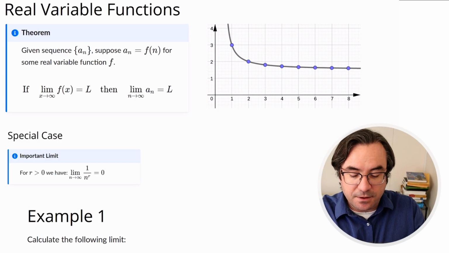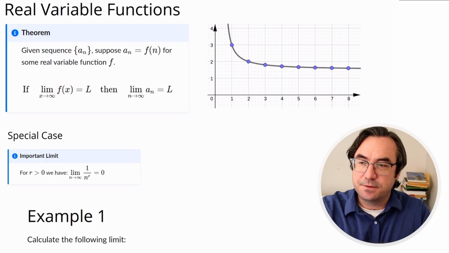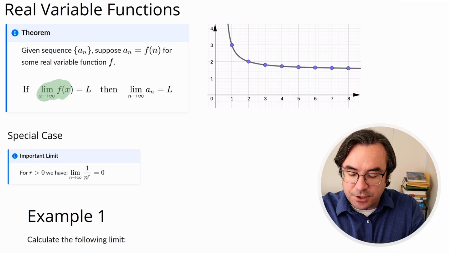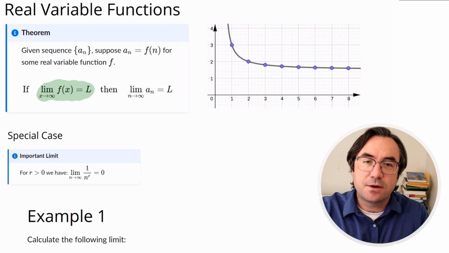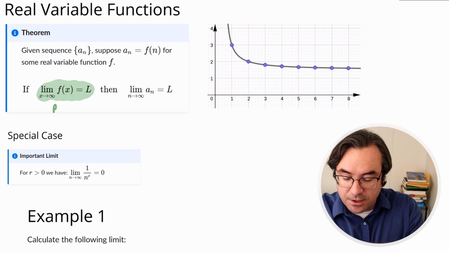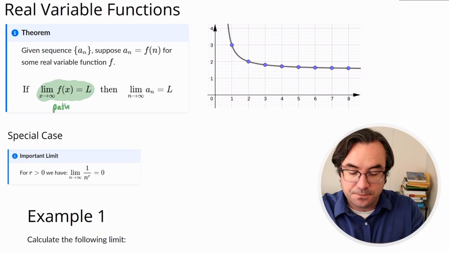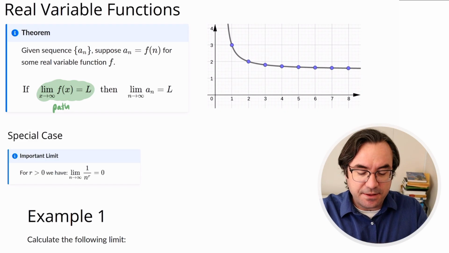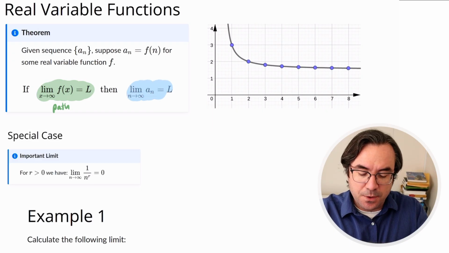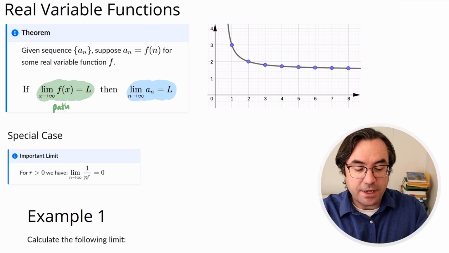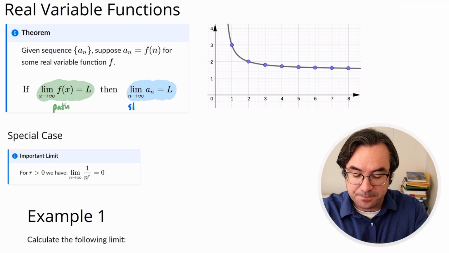So when we calculate the limit of a real variable function like this, you want to think of it as following the path. We're seeing where our path goes. Where is the path taking us? And when we calculate the limit of our sequence, what we're doing is looking at the steps on our path.